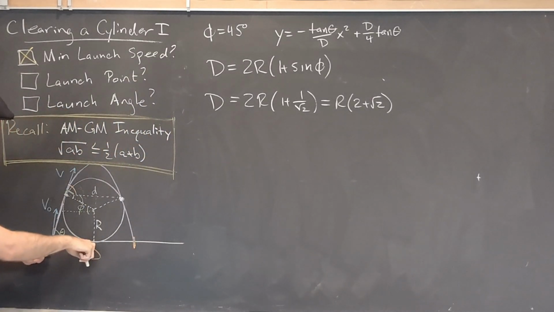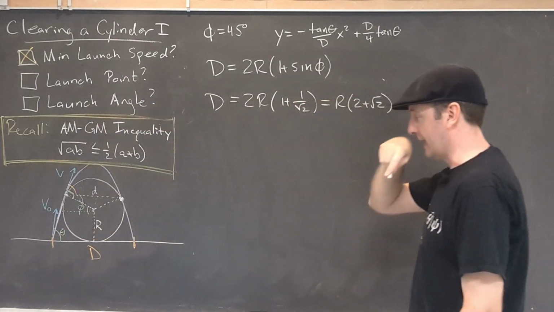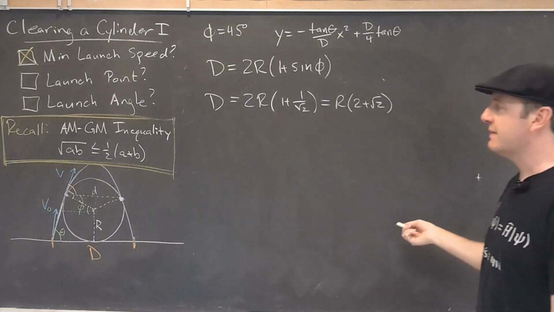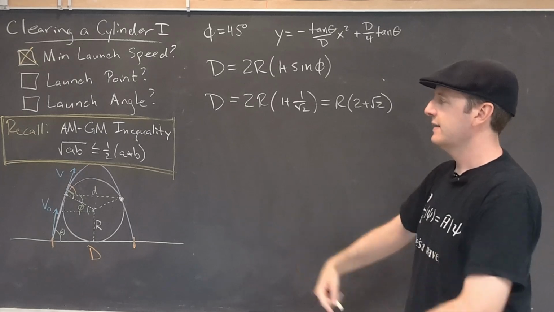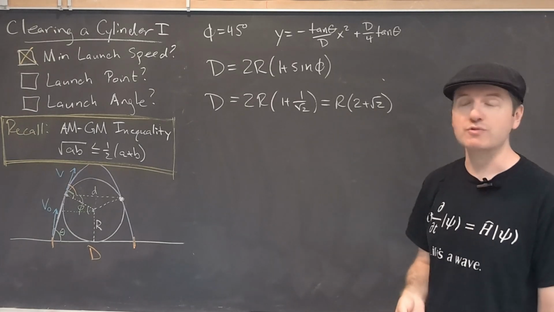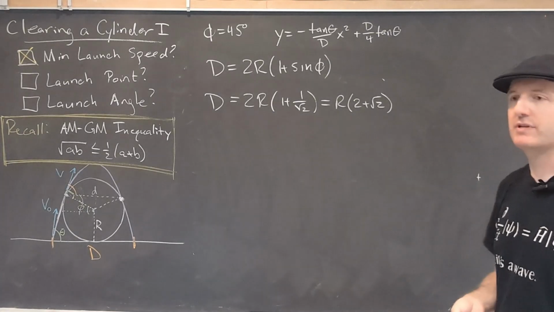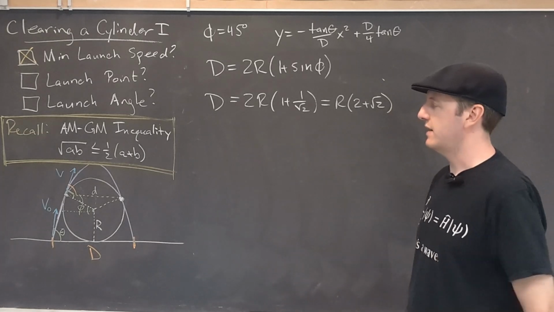That does mean that the launch point will be half of that away on either side by symmetry. So that's kind of interesting. It means, obviously, we need to be launching it further than 1r. How much further? Well, 2 plus root 2 times further, which is about 3.5 times. So that gives us our launch point on the table.